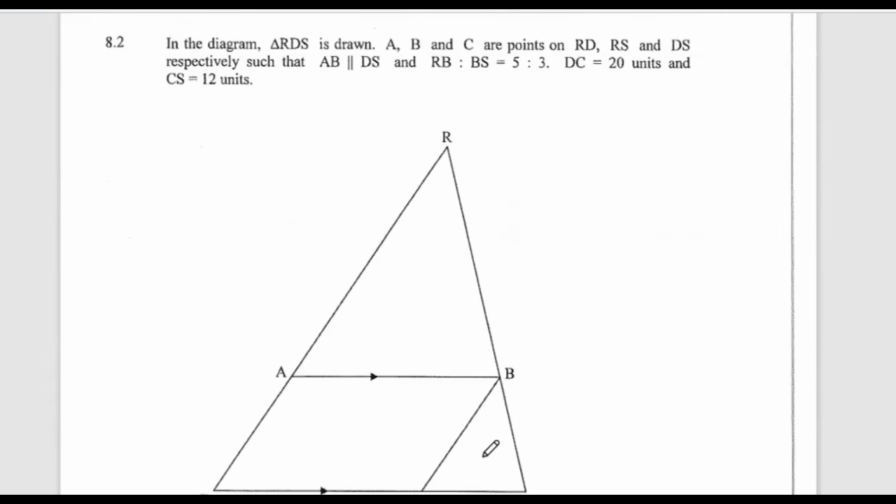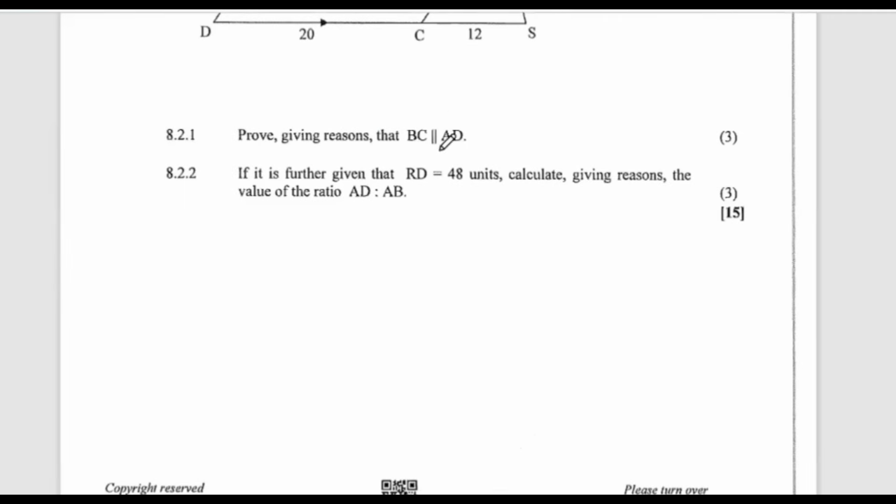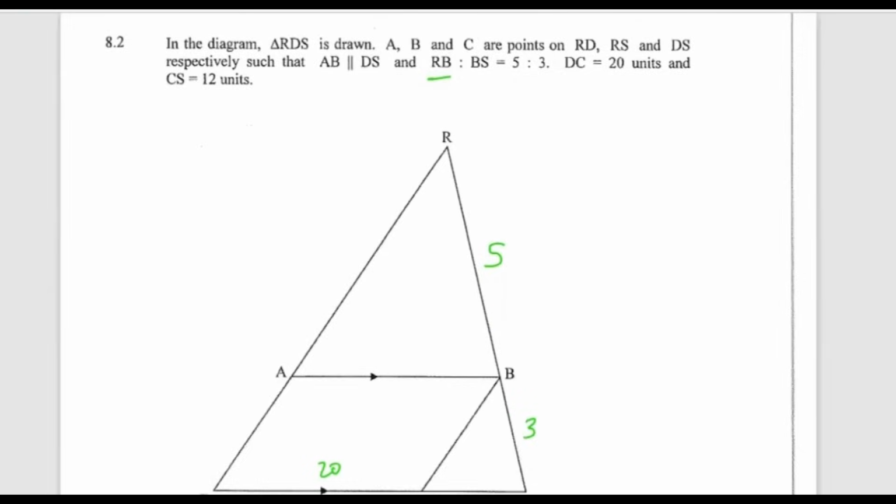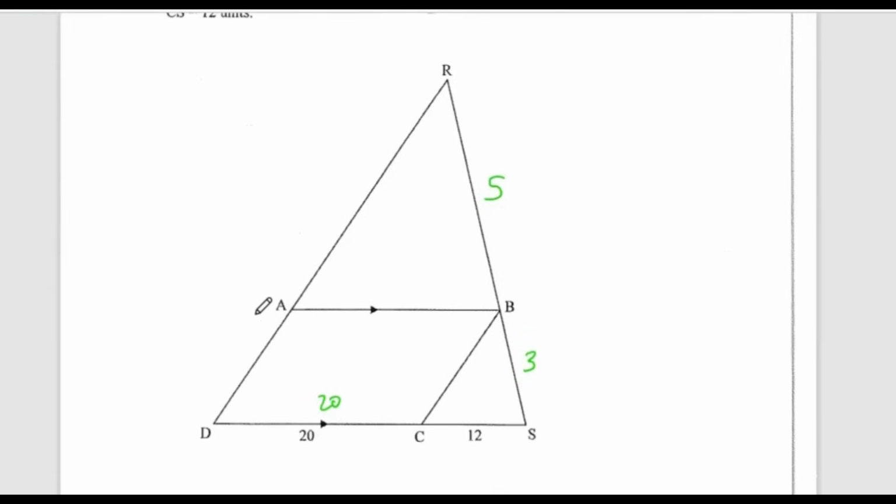AB is parallel to that. The ratio of RB to BS is 5:3. And then BC, that's a 20. Can we prove that BC is parallel to AD?